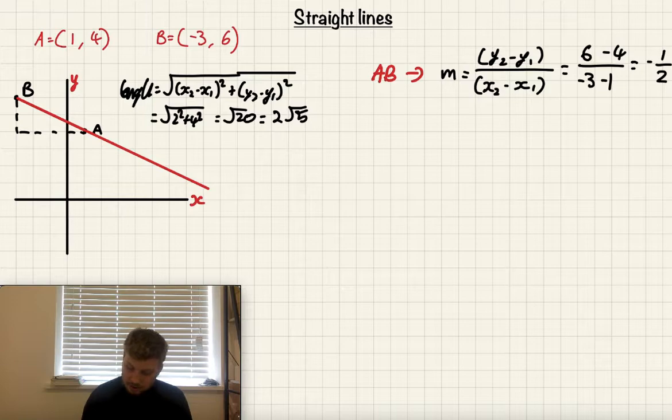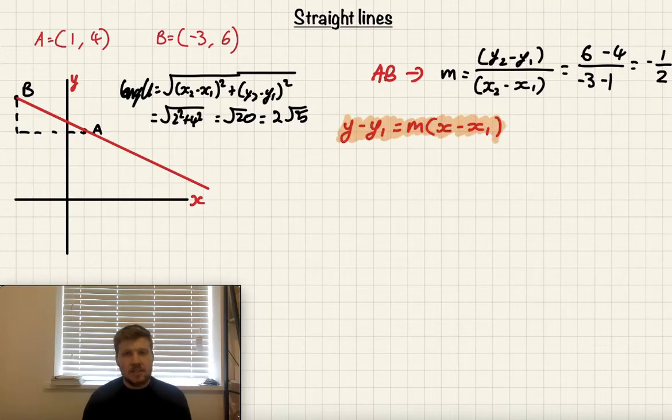So looking at this and thinking about how we can rearrange this to give the equation of a line, we get y subtract y1 is equal to m lots of x subtract x1, and this is generally the form that we're going to use whenever we want to look at the equation of a line, because all we need is the gradient and a point on the line.